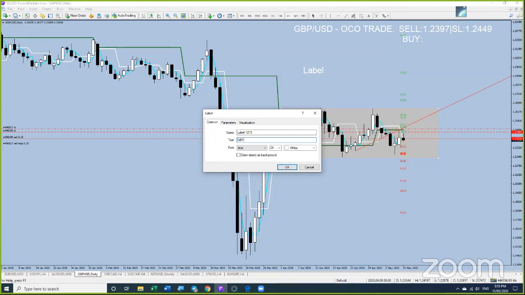Pound US dollar. Sell 1.2349. That sounds about right. I better get it right, didn't I? Stop loss 1.2479.